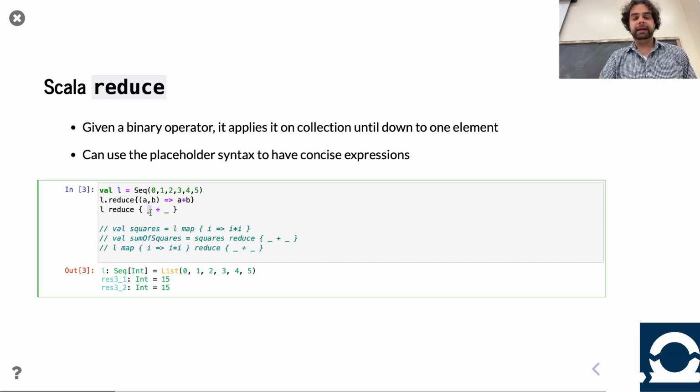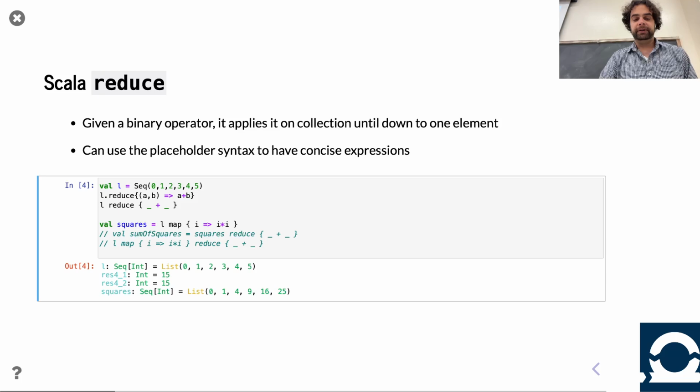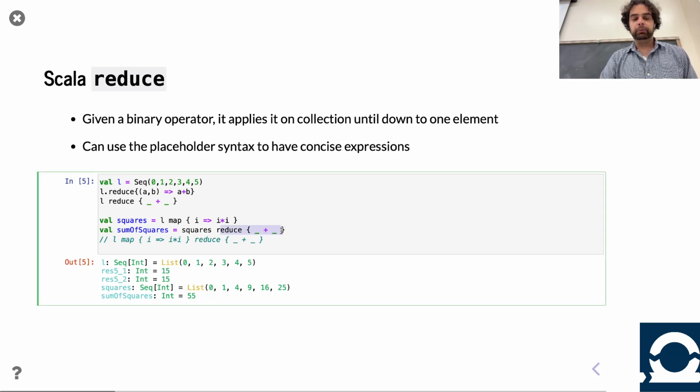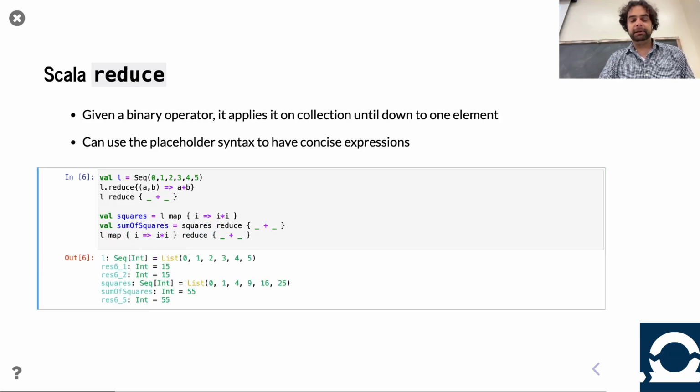This is going to be A, this is going to be B. The reason I can do it here and I couldn't do it before is that I actually have two arguments: this is the first argument, this is the second argument. Cool, that checks out. Now let's say I wanted to compute the squares of things. Now for the sum of squares, I could simply apply reduce onto the squares. That checks out. Or I could do it all in one line without even naming things. In this case you have map and reduce going together, and it gets the same result.